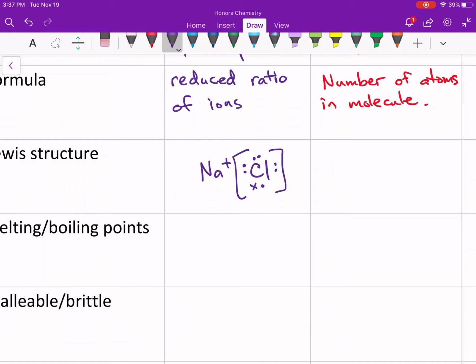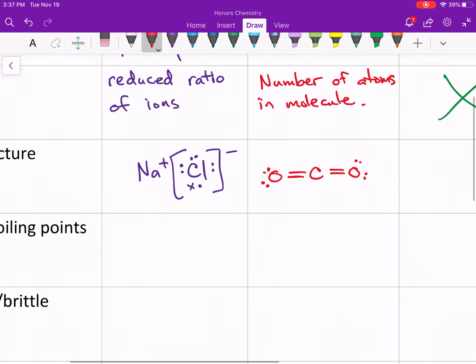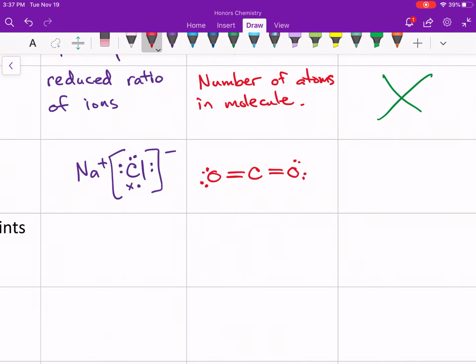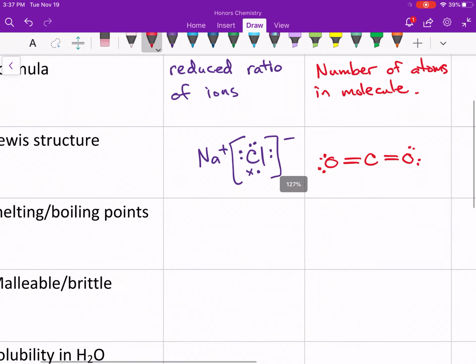And then the negative ion, the anion, has its little bracket, and they both have a charge given. Whereas the Lewis structure for a molecule, we've done a bunch of times, is going to be a little bit more like this, with your shared electrons shown as little lines. And then again, Lewis structures for metallic bonds, not really necessary.